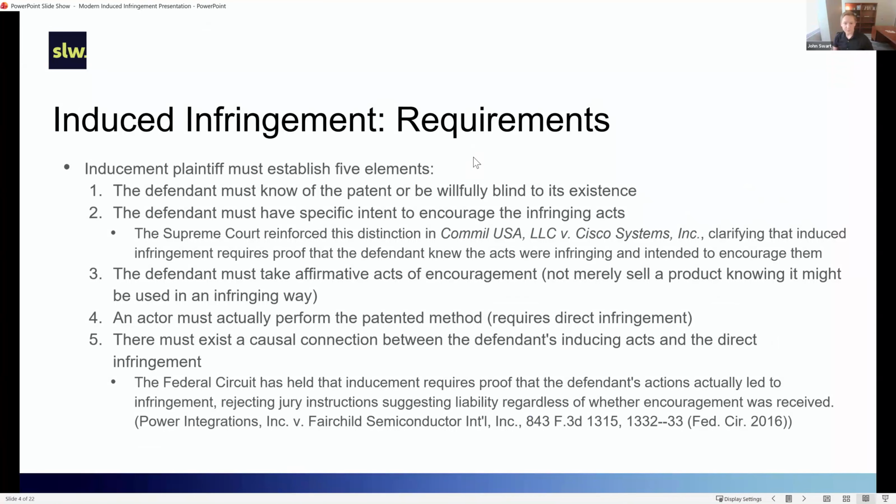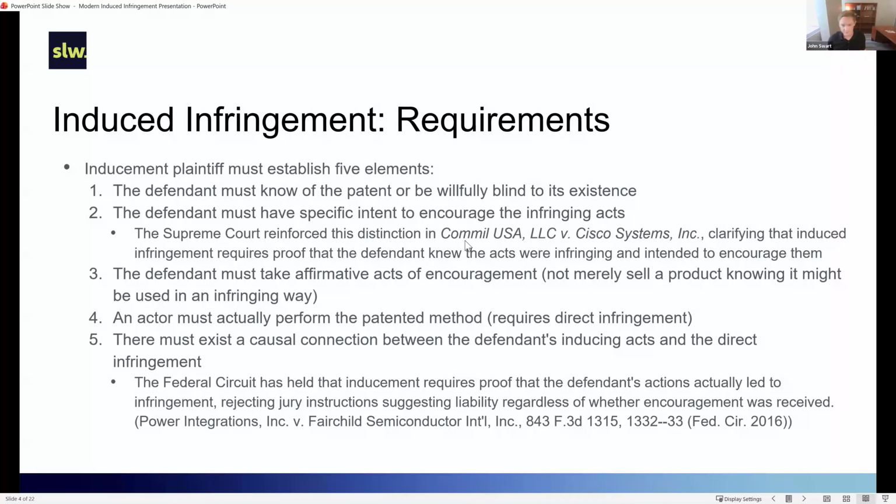As interpreted both by the Supreme Court and the Federal Circuit, induced infringement generally must involve five elements. First, the defendant must know of the patent or be willfully blind to its existence. Second, the defendant must have specific intent to encourage the infringing acts.